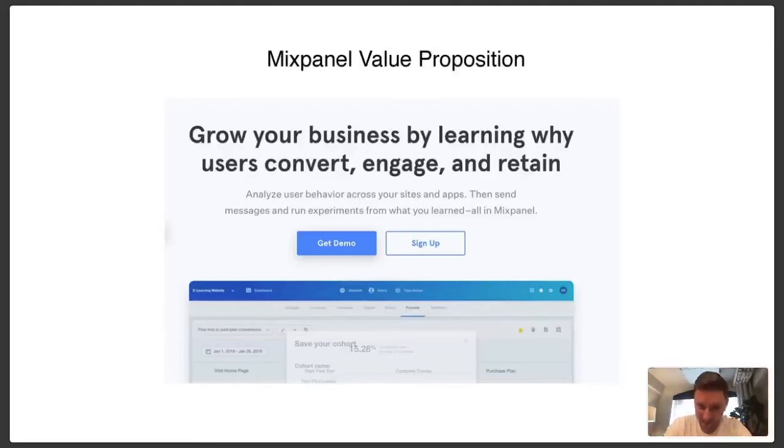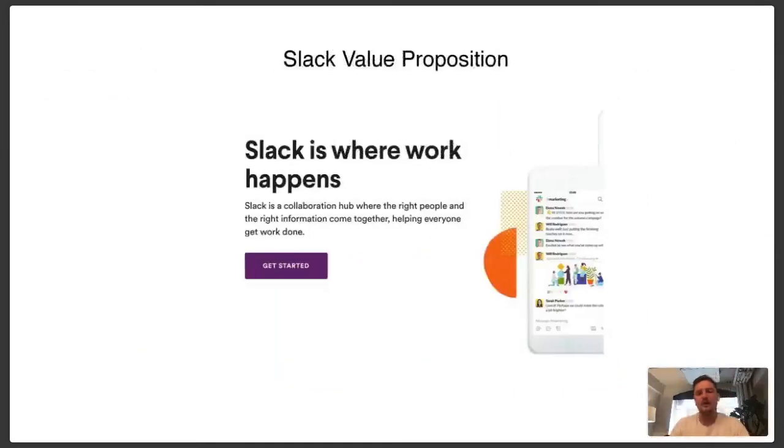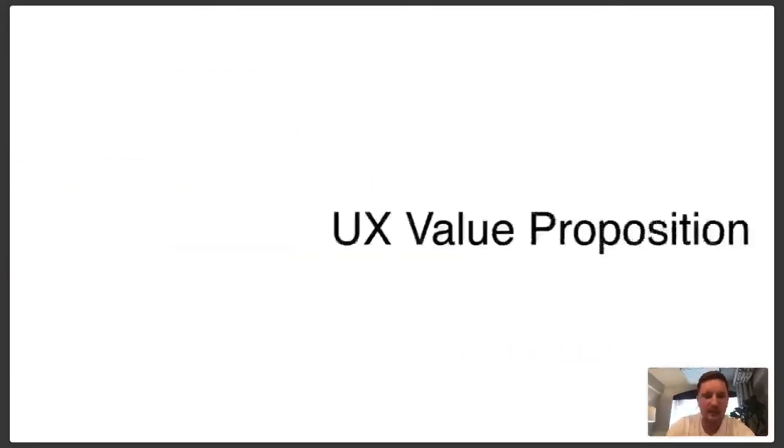Analyze user behavior, send messages, run experiments, and so on. So they are clearly focused on outcomes for the user. Same with Slack. Slack is a collaboration hub for the right people with the right access to information, and so on.